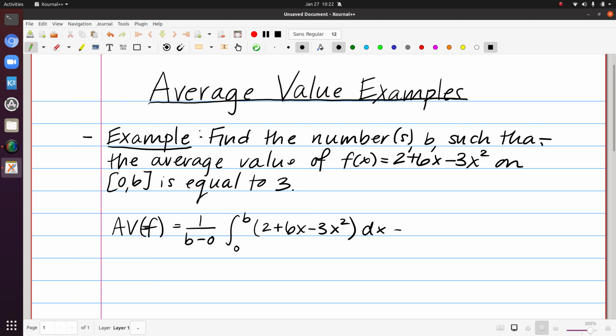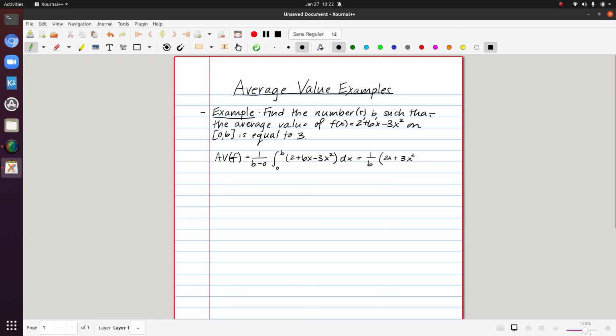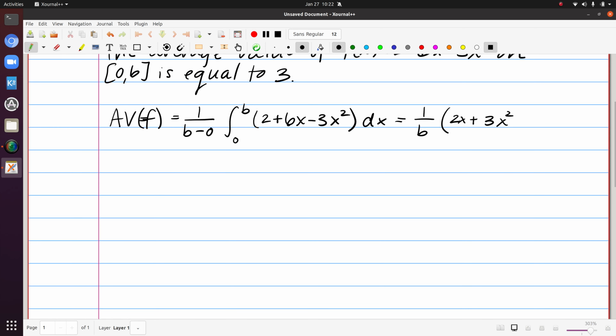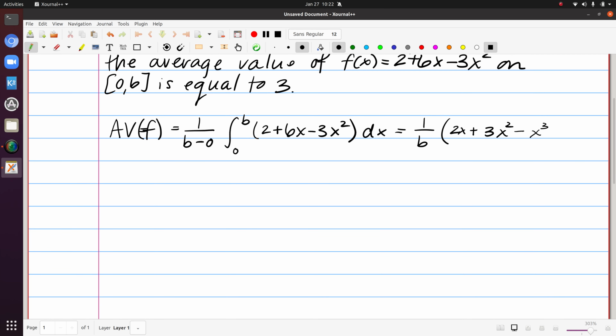My antiderivative here, first of all, I have 1 over b out front, and we're going to have 2x plus 3x squared, minus x cubed.